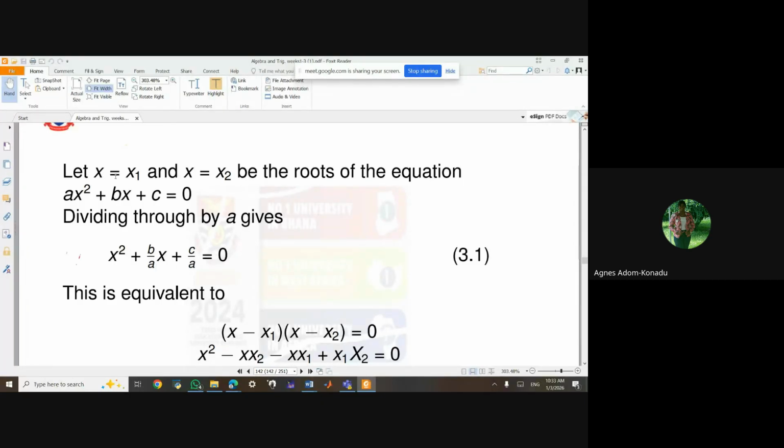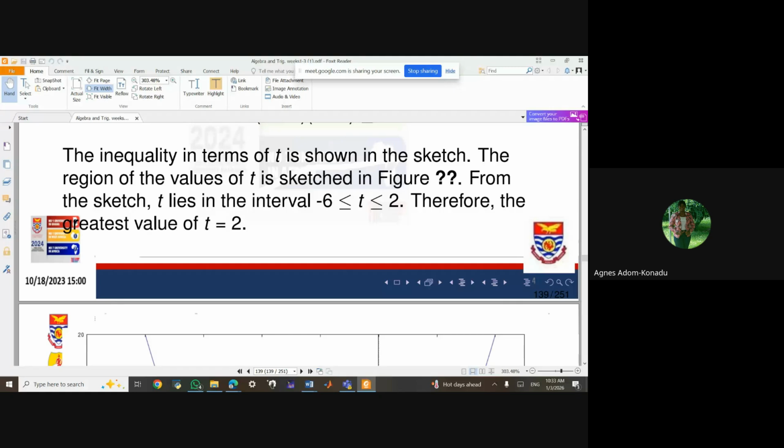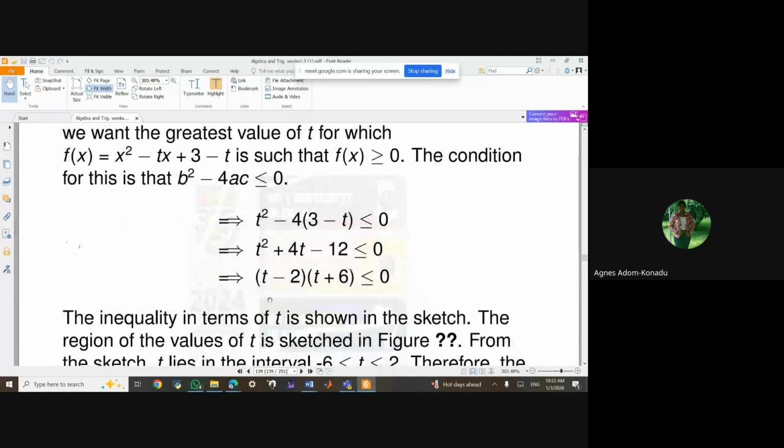And we are told that x1 and x2 are the roots of the function. And we know that anytime we find the roots of a quadratic equation, it can be written as x minus x1, x minus x2. So for example here, you see that when you solve, the function is t squared plus 4t minus 12.